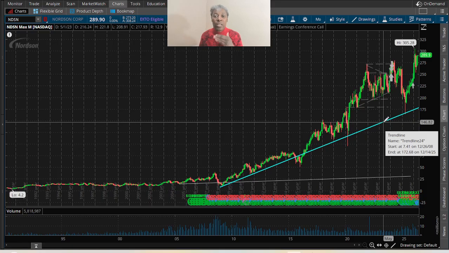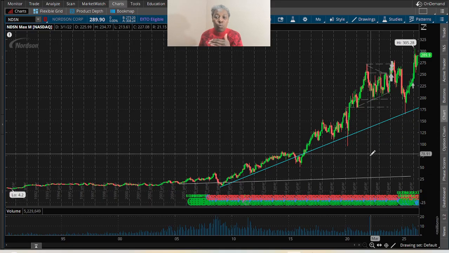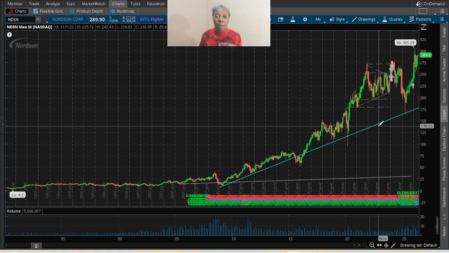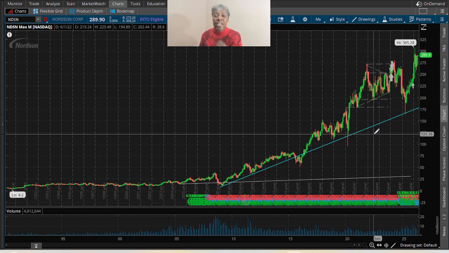So finding the valley, it could have multiples. I'll determine which one I think is long enough for the stock to respect it as the next valley to fall to, and that is the one where I want to buy my stock.